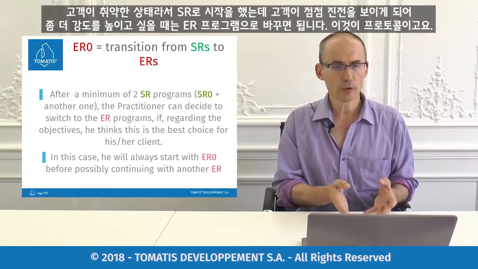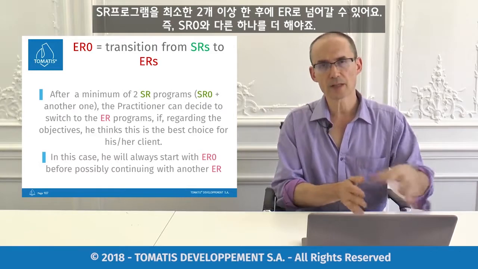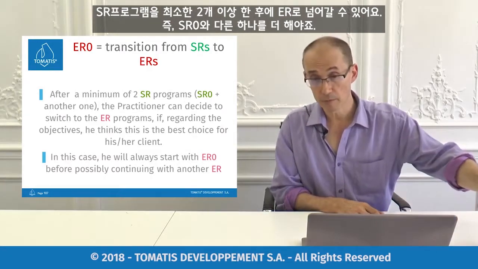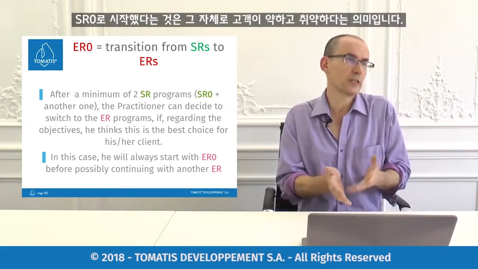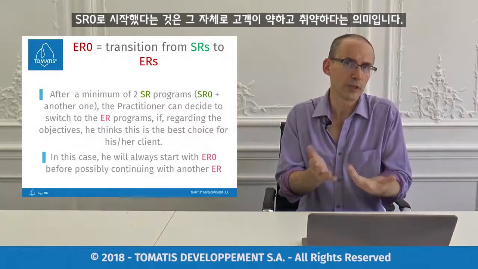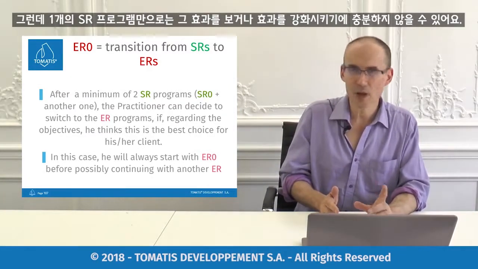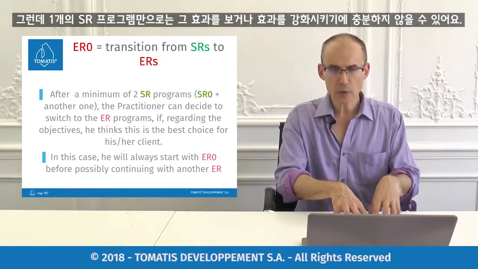So this is a protocol. You're going to switch after a minimum of 2 SR programs, meaning SR0 plus another one. Because this is the idea. If you start with SR0, by definition your client is weak, is vulnerable. So 1 SR is probably not enough. You want to anchor the effect, strengthen the effect.